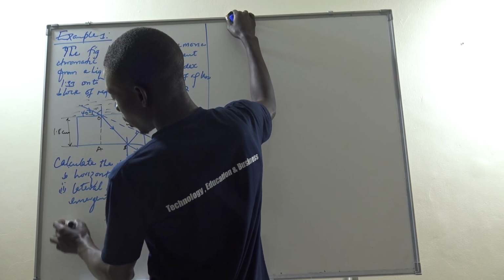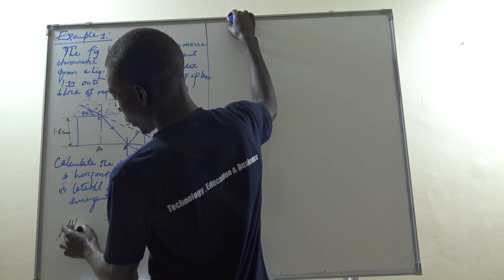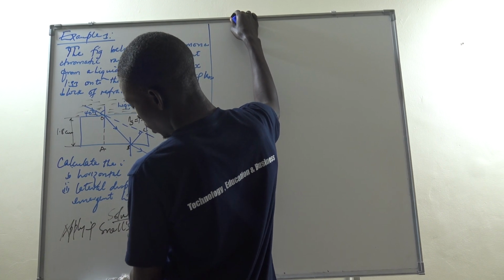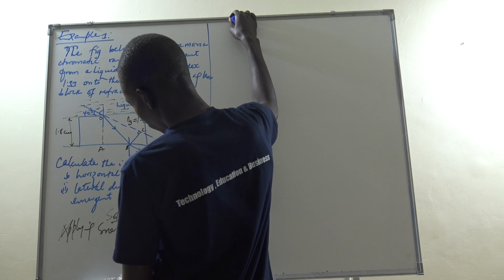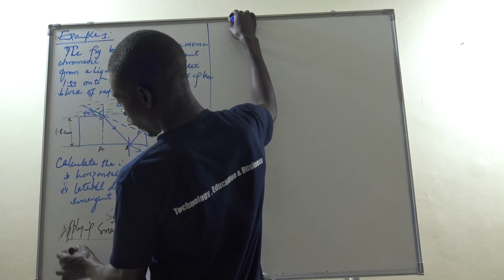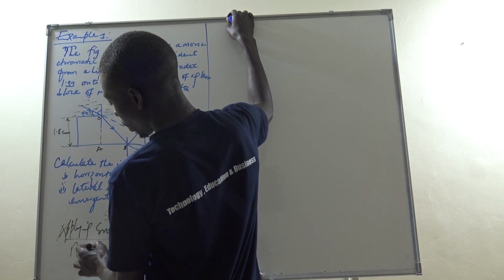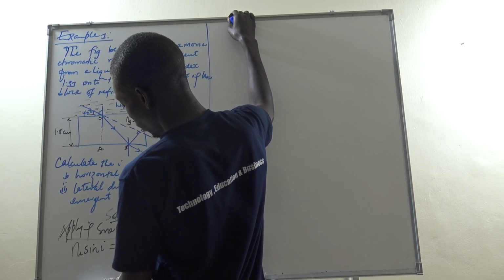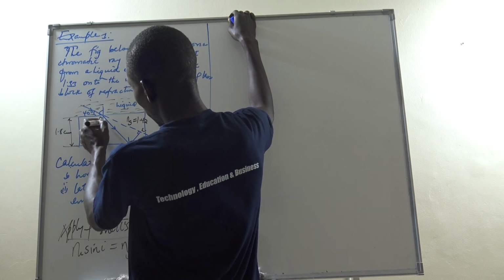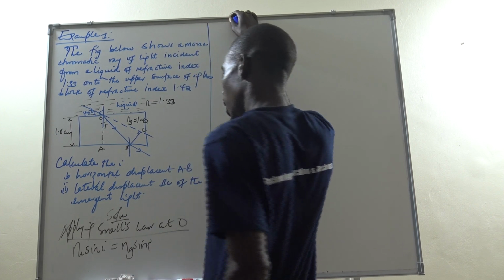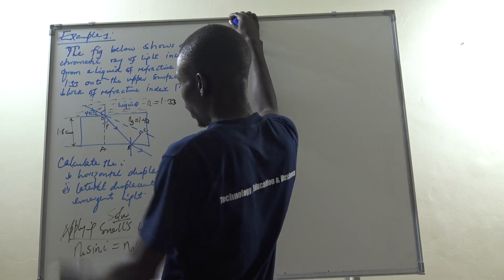First of all, we shall apply Snell's law at O. Then we shall say refractive index of the liquid, sine of angle in the liquid, equal to refractive index of glass, sine of angle in the glass. So if this is my R, sine R. But what is the refractive index of the liquid?